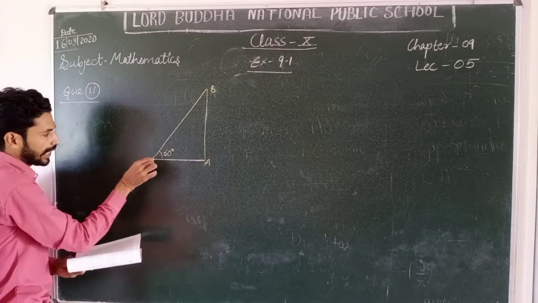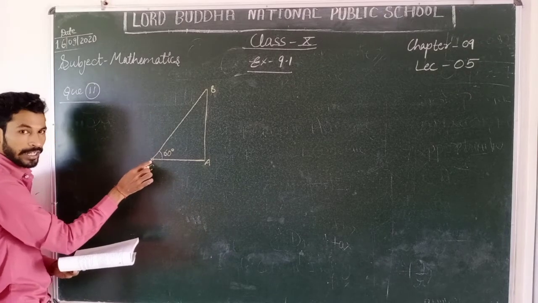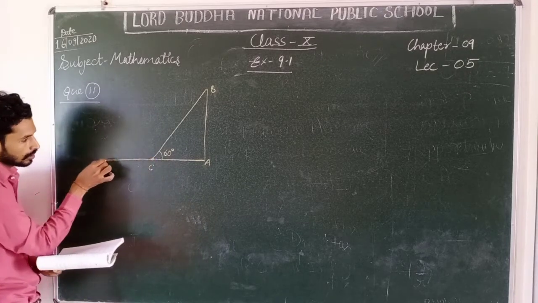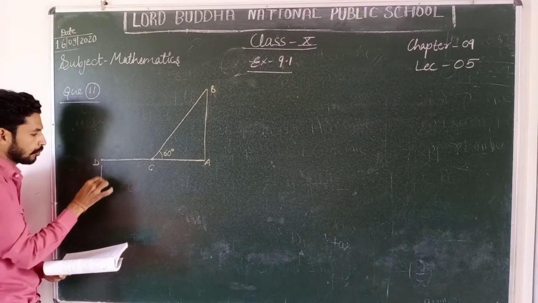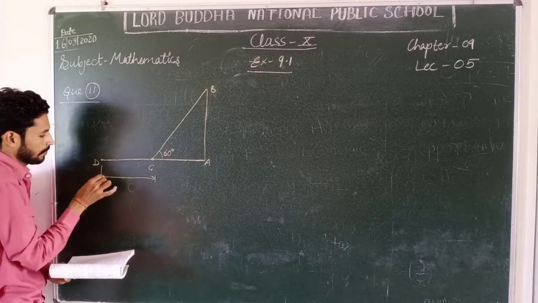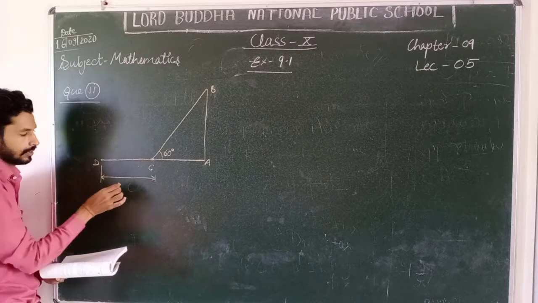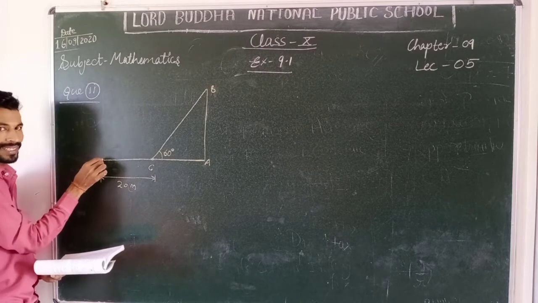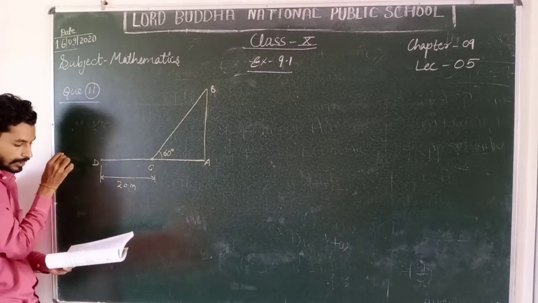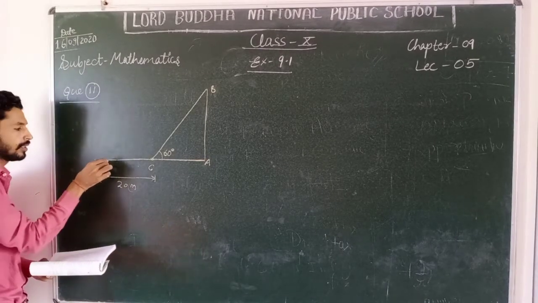And 20 meters away from this point, suppose that there is a point D which is 20 meters away from the point C, and the angle of elevation from this point is 30 degrees.